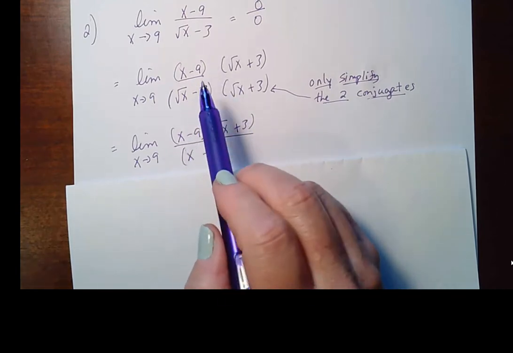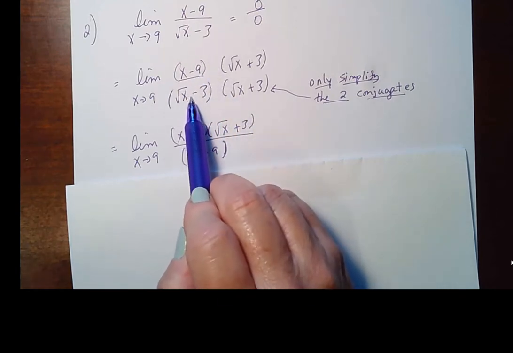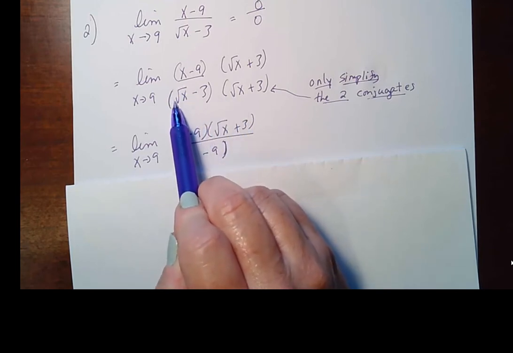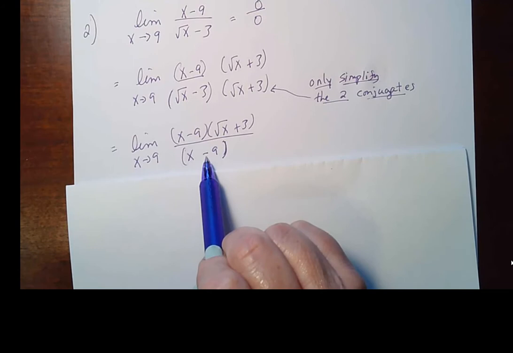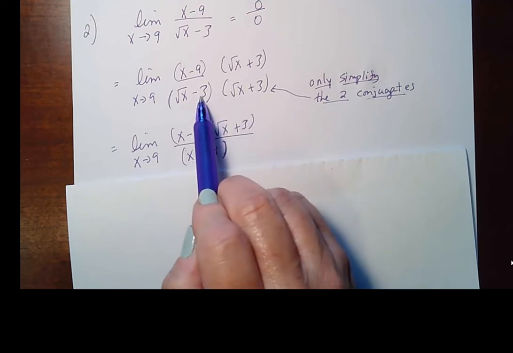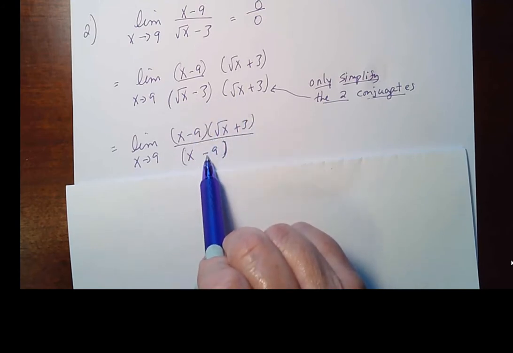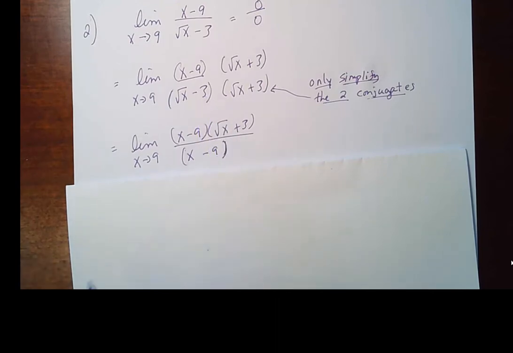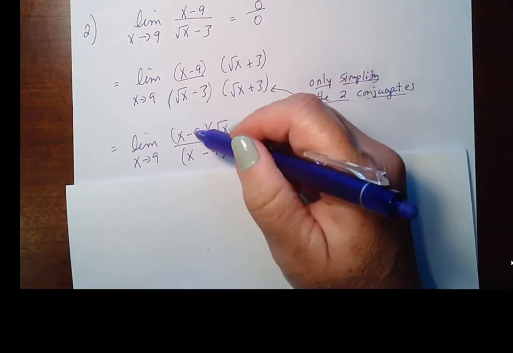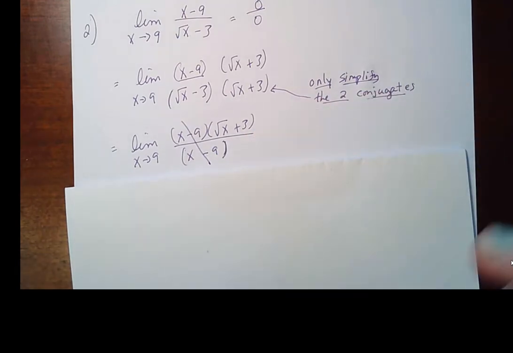And that's very simple to simplify because whenever you multiply two conjugates, it's always the square of the first term. Square root of x squared is x, minus, because you're multiplying two opposite signs, so it will always be minus, and then the square of the second term. 3 squared is 9. And that worked out beautifully because now I can cancel that.